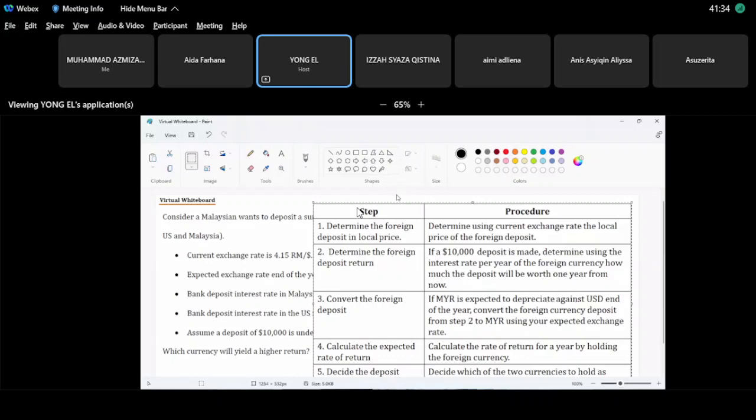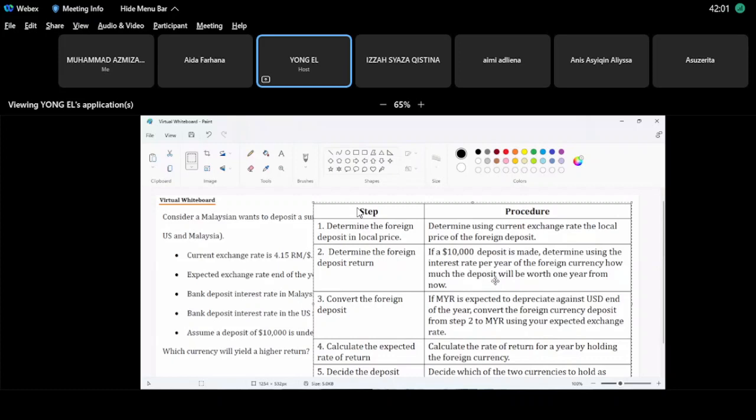We consider here an annual interest rate, not monthly or quarterly or 2 months or 6 months. If a 10,000 deposit is made, determine, using the interest rate per year of the foreign currency, how much the deposit will be worth 1 year from now.